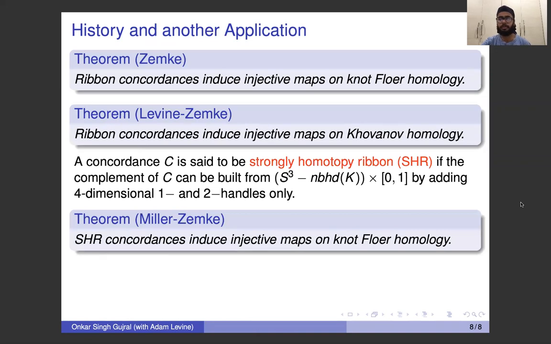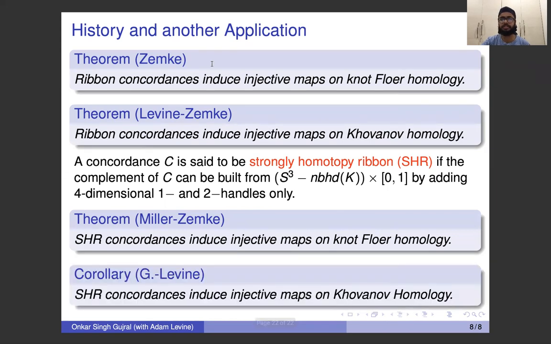Okay, so Miller and Zemke proved that a strongly homotopy ribbon concordance induces an injective map on knot-flow homology. So this is an extension of the statement that Zemke showed about ribbon concordances inducing an injective map on knot-flow homology. So the remaining question was whether Khovanov homology also induces an injective map on strongly homotopy ribbon concordances.